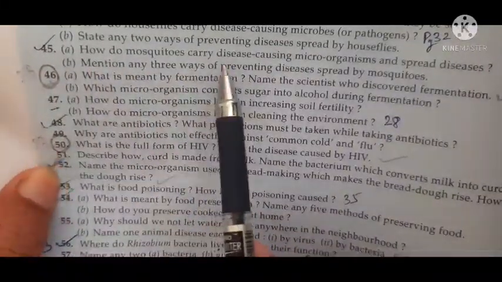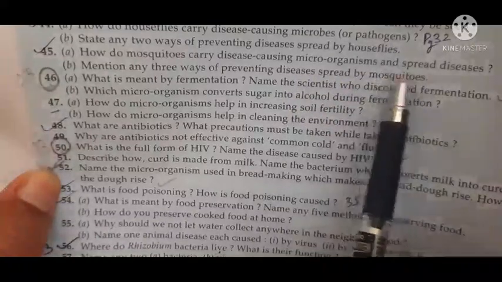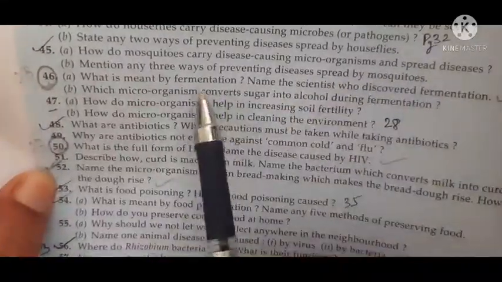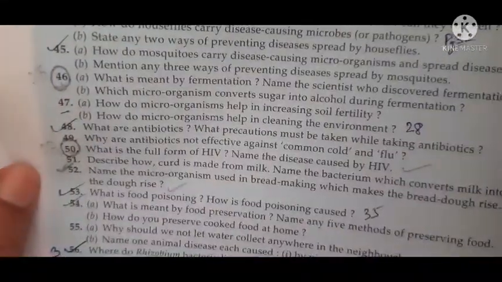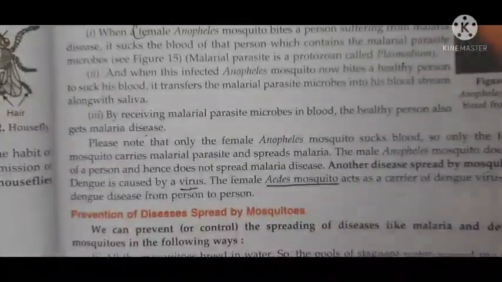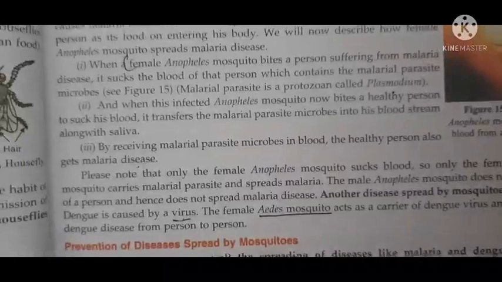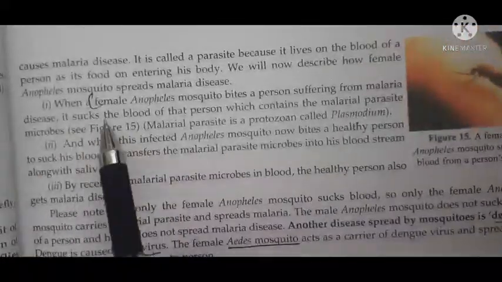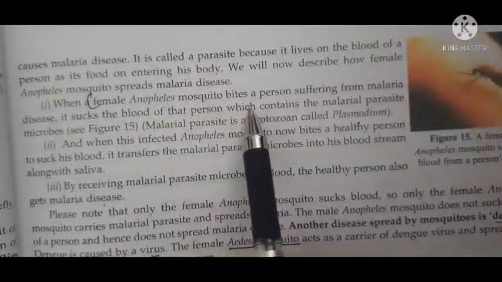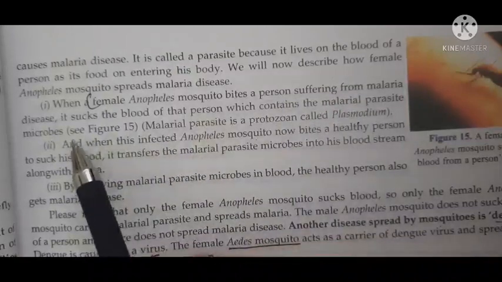Okay. So now question number 45. How do mosquitoes carry disease causing microorganisms and spread disease? Please open page number 33. So what answer will you write? You will write: female Anopheles mosquito bites a person suffering from malaria disease.